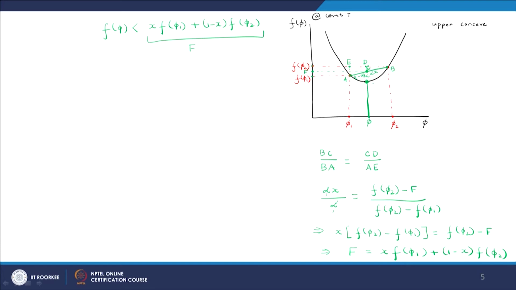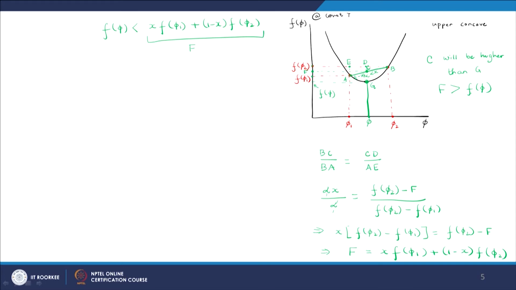So, let us say this is what I get after mixing. And let me call this point G for instance. Then we know that C will always be higher than G, and if I think of the corresponding function value, which is f of phi now, that means that f is always higher than f of phi, or f of phi is less than f.